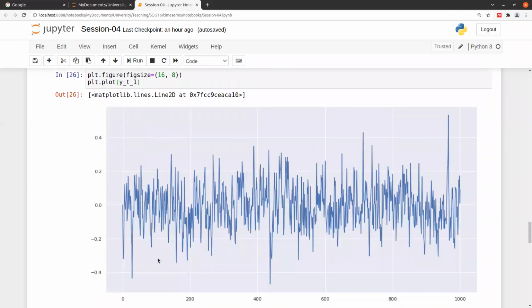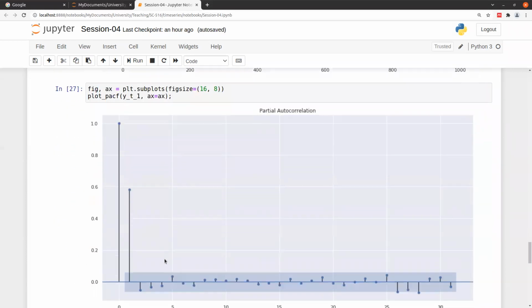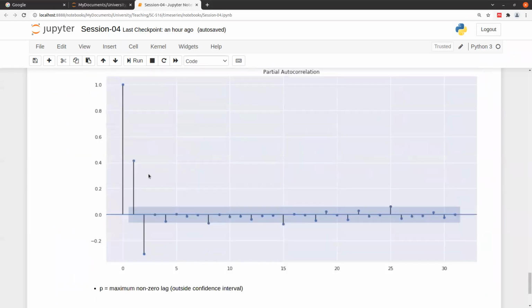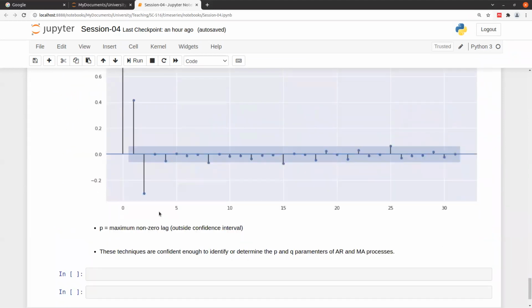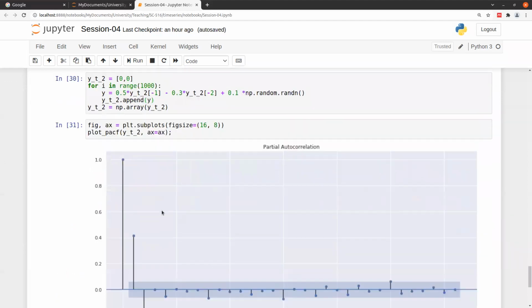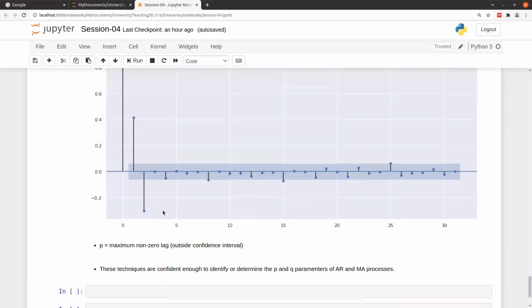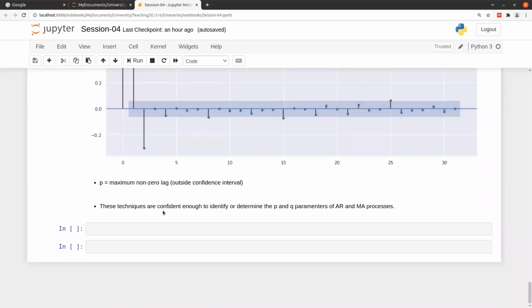The same thing applies to the AR2 process as well. Then it clearly identifies it, as shown in this graph. We can illustrate that the PACF and ACF graphs are a good alternative option to identify P and Q parameters in AR and MA processes, so that we can incorporate them with the ARIMA model as well.